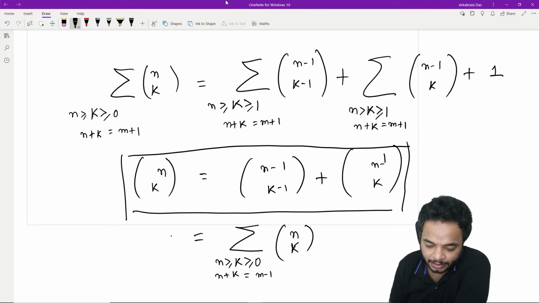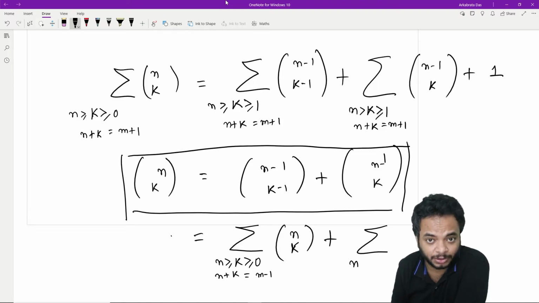Okay, and the other sum, that is summation n, so now we can bring that n minus 1 to n, so just shifting of variables. So n choose k, n greater than or equal to k greater than or equal to 1, and now one of the variables got shifted by 1, so the sum would just get shifted by 1.